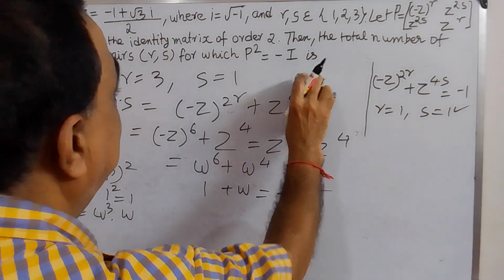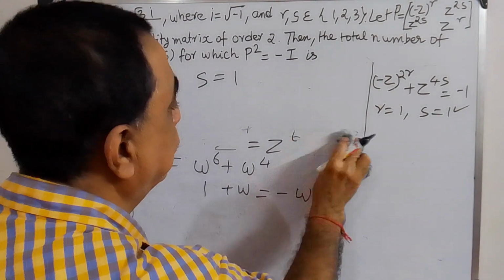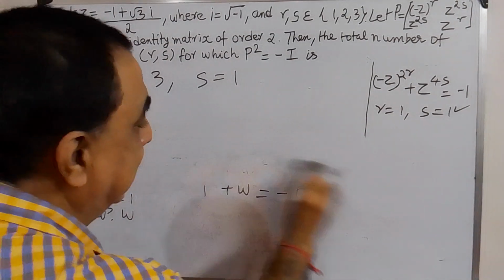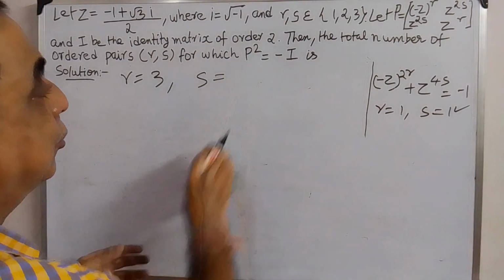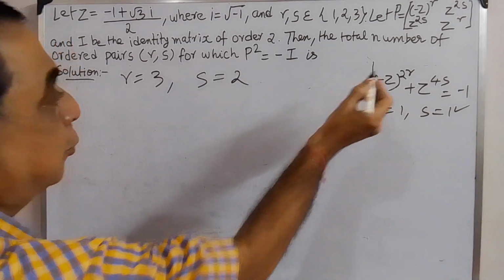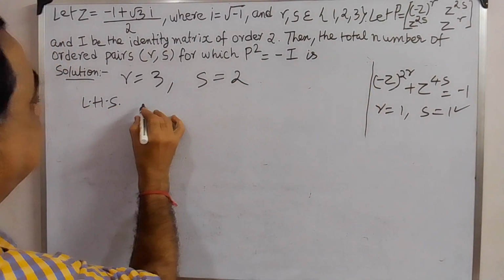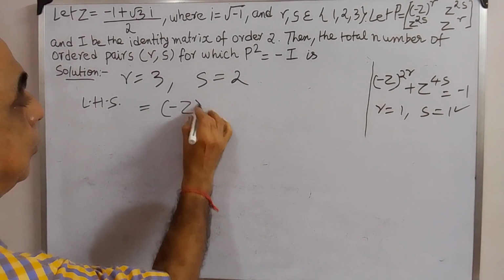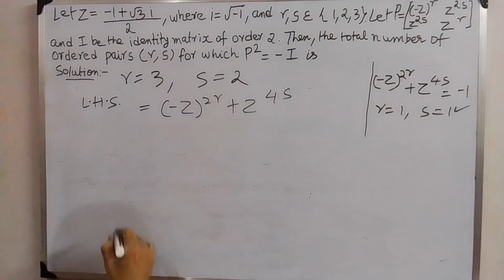Okay, so now let us check r is equal to 3 and s is equal to 2. So the left hand side will be minus z to the power 2r plus z to the power 4s.